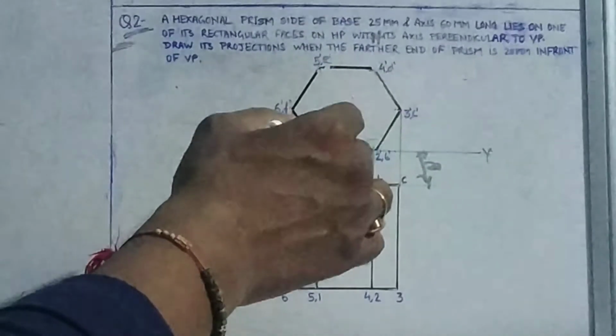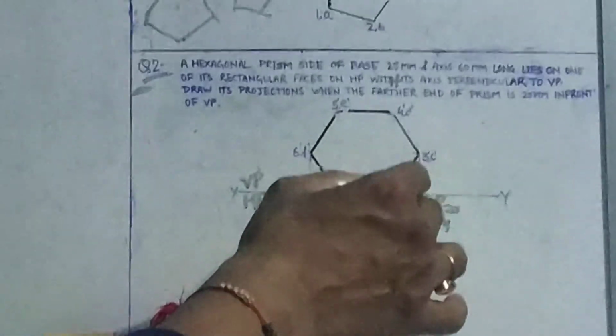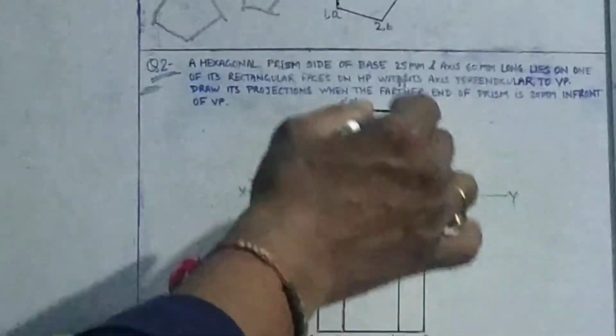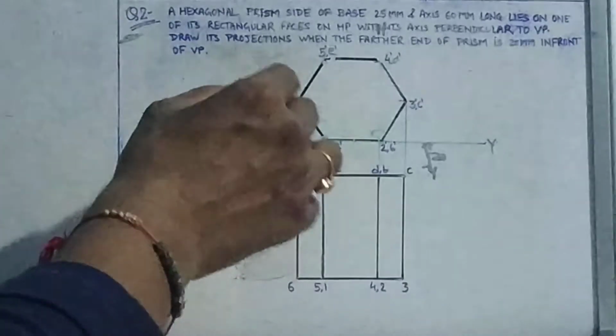That is why it is named with dashes: 1 dash, A dash, 2 dash, 6 dash, 3 dash, C dash, 4 dash, D dash, 5 dash, E dash, 6 dash and F dash.